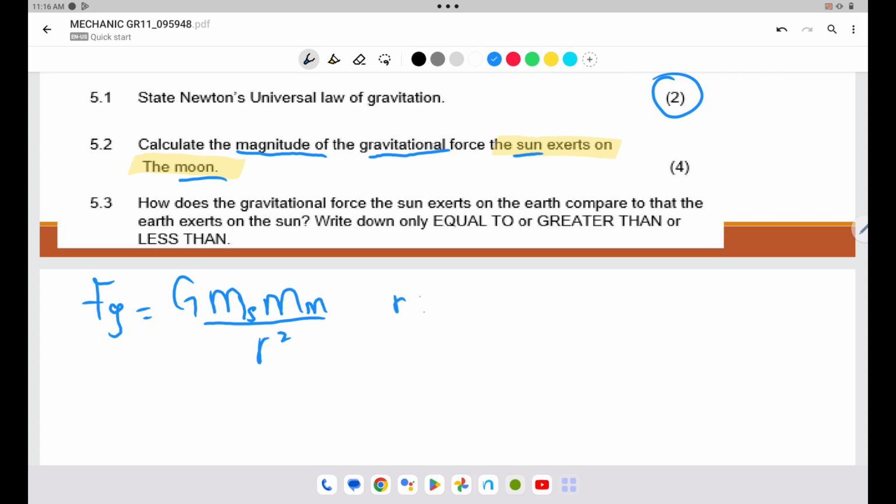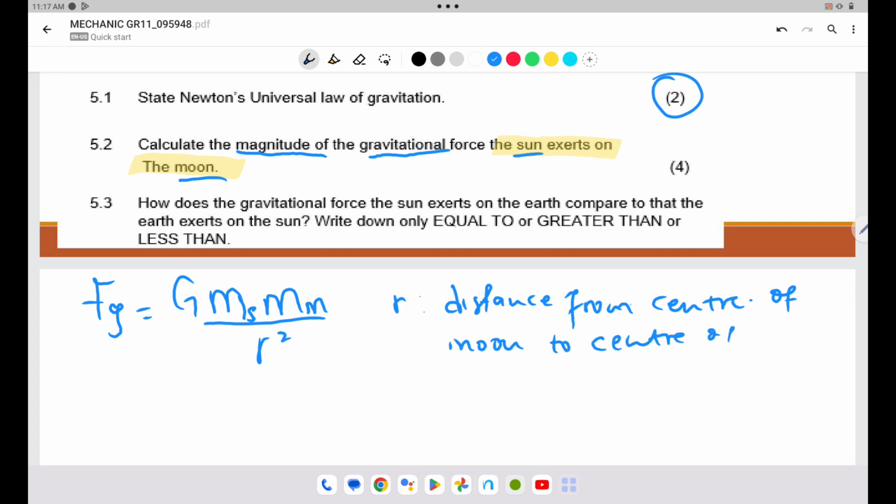Remember what r is, and I'm going to keep writing the interpretation of r. R will be the distance from center of moon to center of the sun.